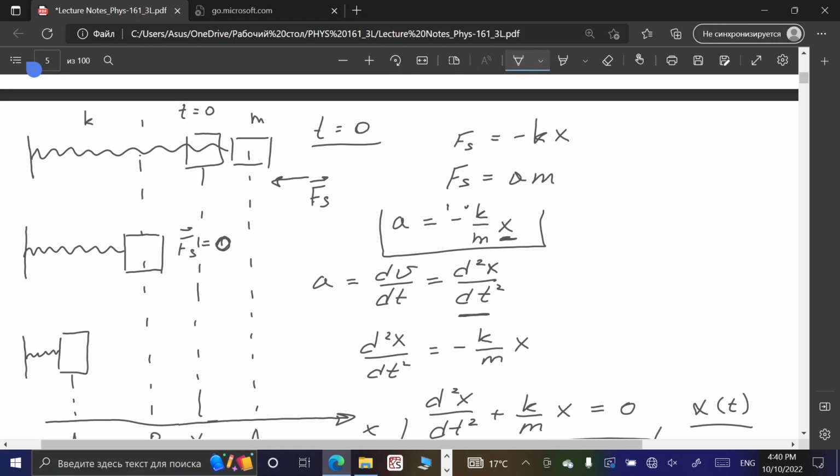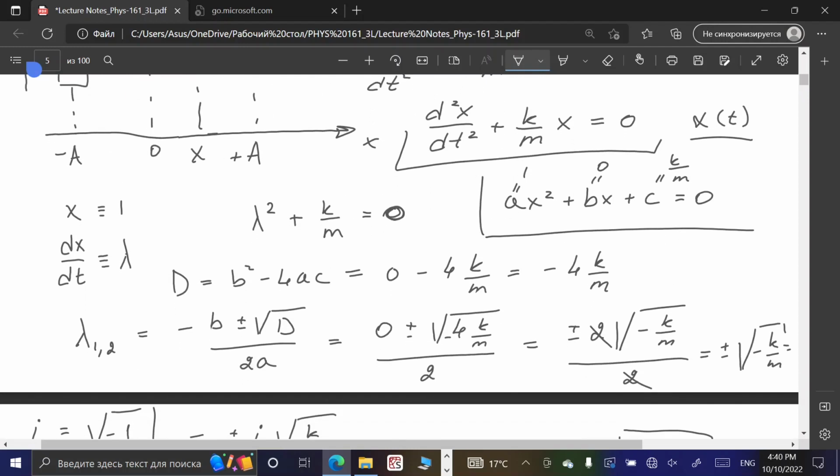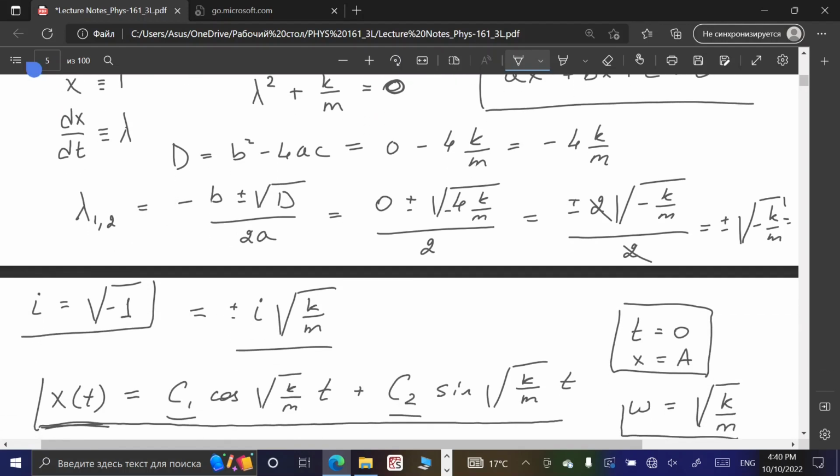And then we came up with the second order linear differential equation, which gives us information about x as a function of time, so position as a function of time, or displacement as a function of time. We introduced this characteristic equation based on this differential equation, solved this characteristic equation, and got the solution, which is a complex number.